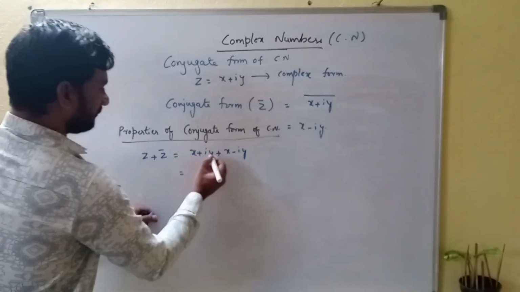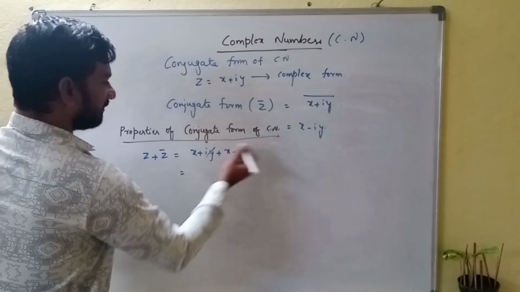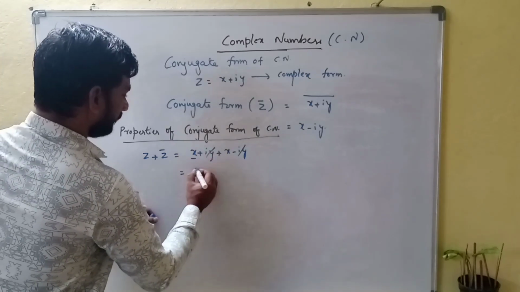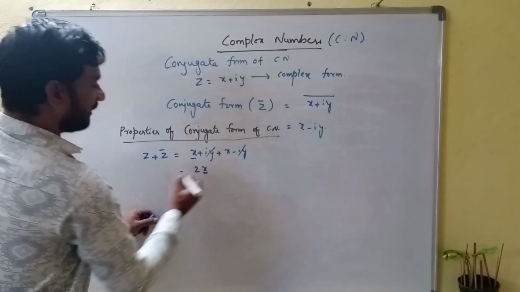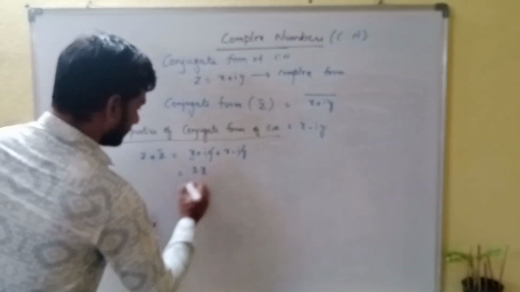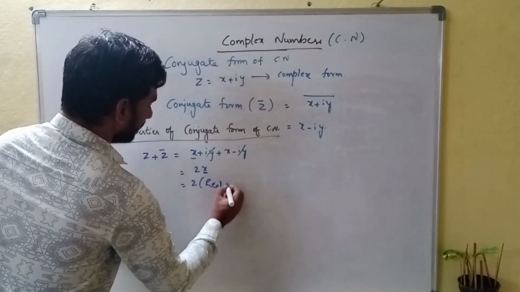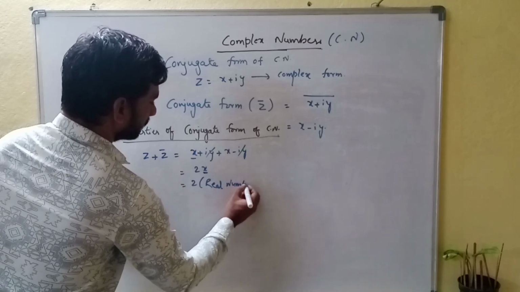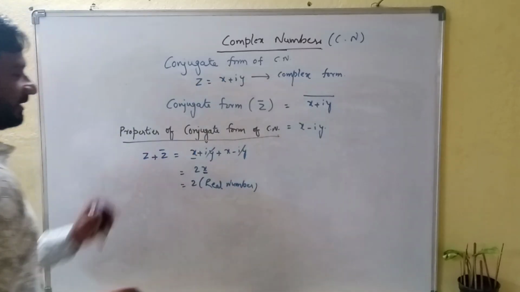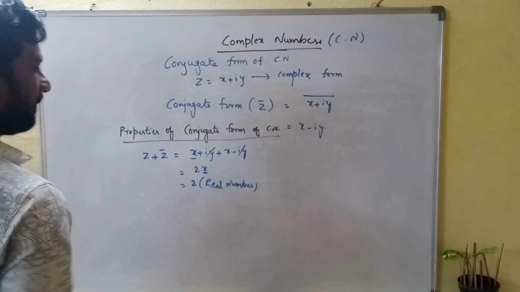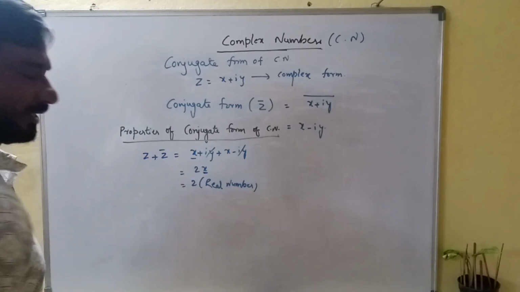So the iy cancels and you get 2x. Here x is a real number, that means 2 into a real number. If you add a complex number and its conjugate, you will get 2 into a real number.